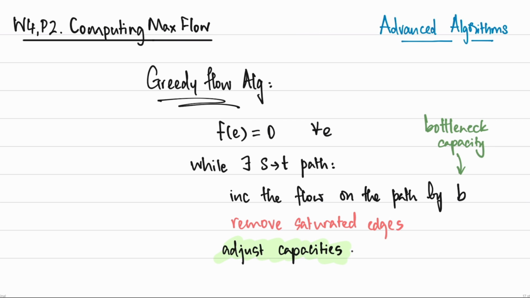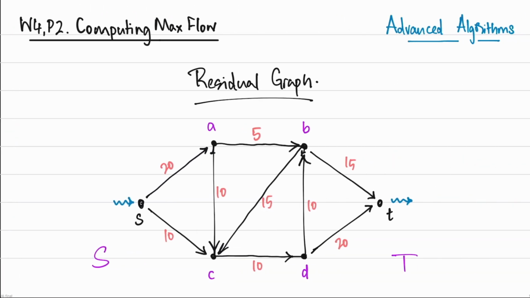The way we are going to introduce the undo button is by allowing flow to flow in reverse, if you like. So let's take a look at how the residual graph is constructed through an explicit example. We have our flow network back here with the capacities, and the residual graph is essentially the same graph with the capacities updated to adjust for flow as before, but now, interestingly, we are also going to bring in edges that point backwards, and that's what makes the residual graph special.